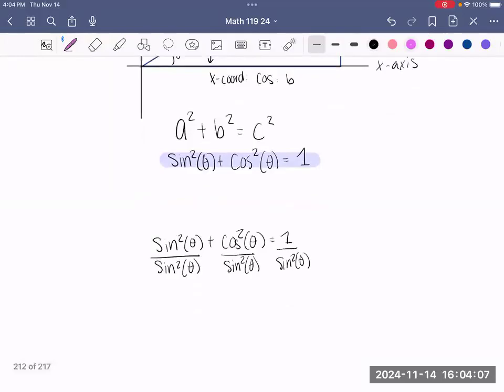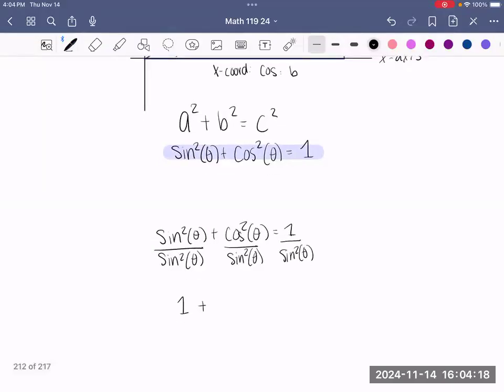So notice that on one side we have sine squared over sine squared. This ends up becoming 1 plus cosine squared over sine squared.